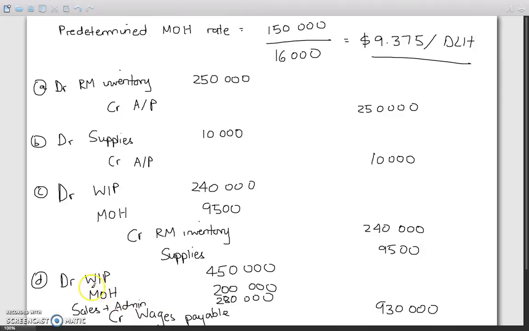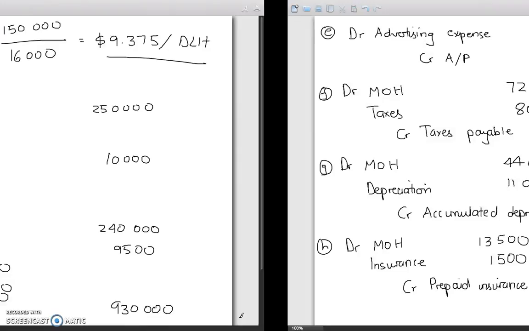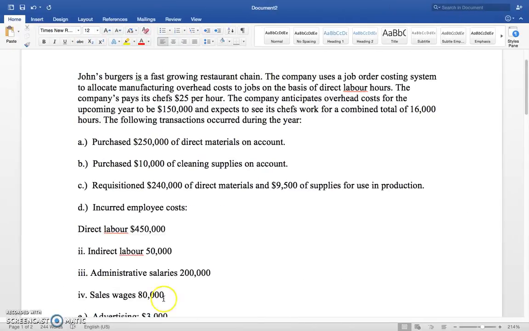Debit your work in process for the direct labor. Debit your MOH for the indirect labor because it is still a product cost, and then debit your sales and admin in a separate category because that is a period cost and is not directly related to the product. And then for all of these, you credit wages payable because it's a liability. Okay, moving on. Part number E.